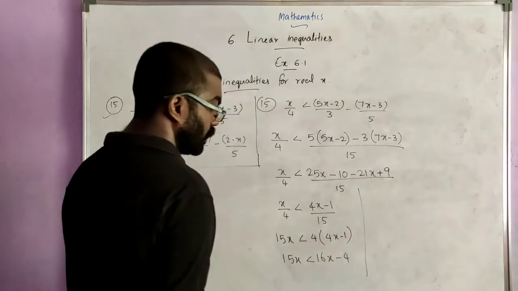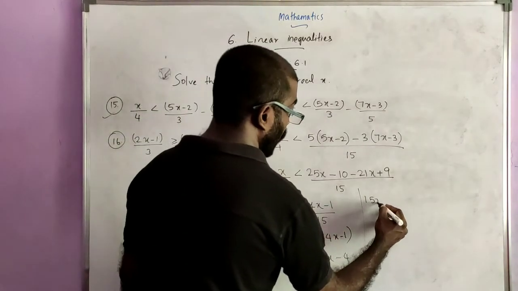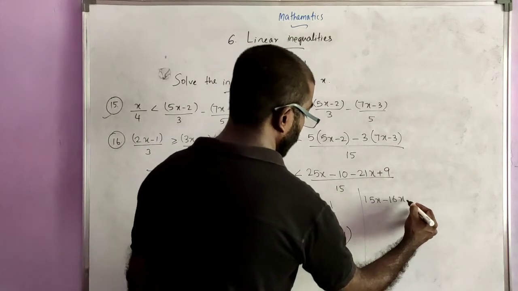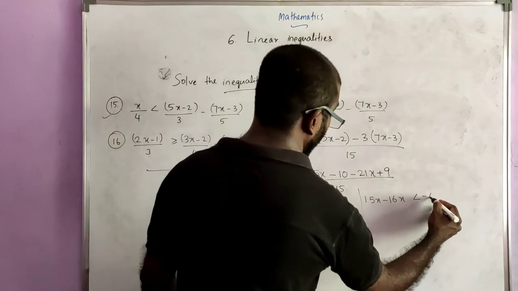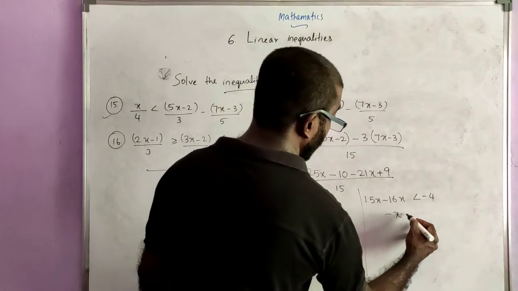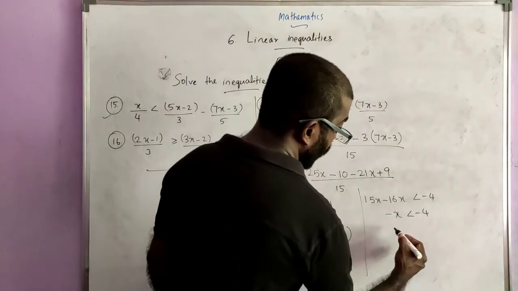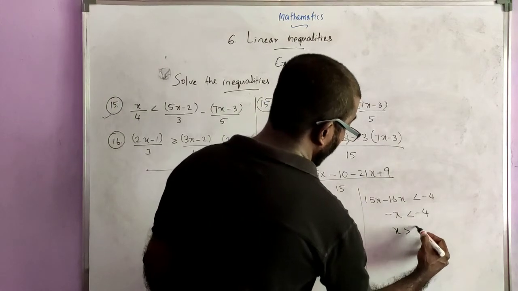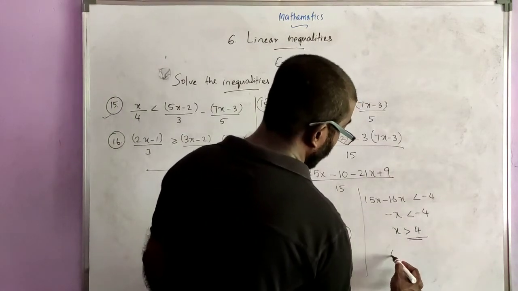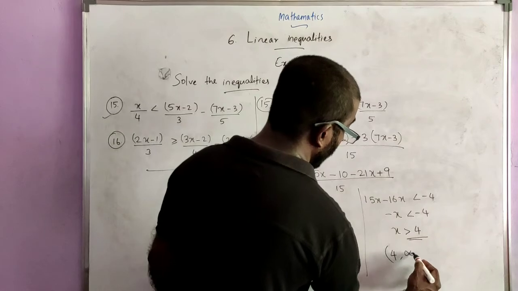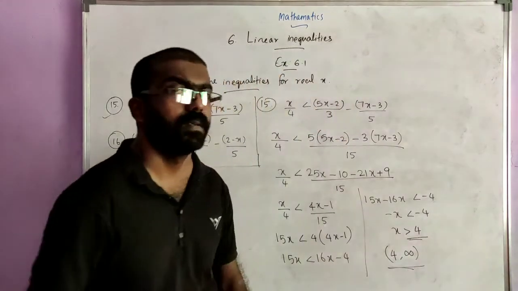Or we can write 15x minus 16x less than minus 4. That is minus x is less than minus 4. And dividing by minus 1 on both sides, we get x is greater than 4. So the solution is the open interval 4 comma infinity. Clear?